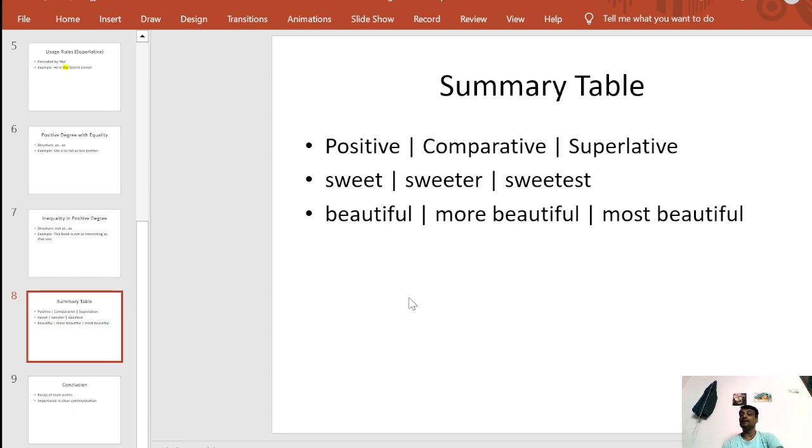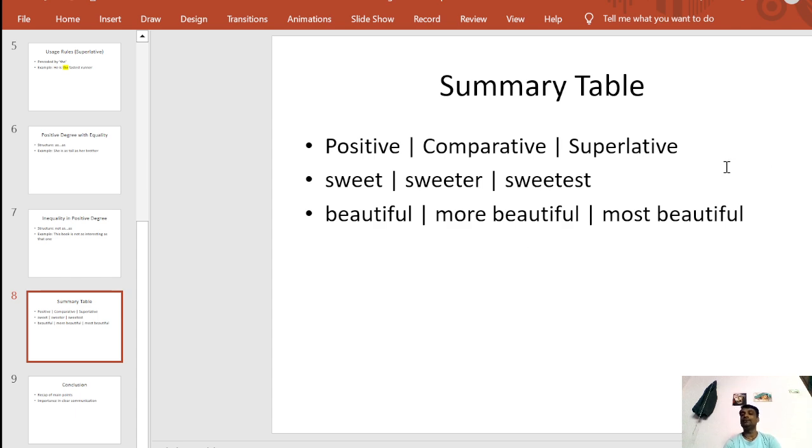Here we use er with single syllable words, but if the word has more syllables, then you have to use more beautiful, more amazing, more dangerous, like that. But the word sweet is a simple one syllable word, so sweet, sweeter, sweetest.